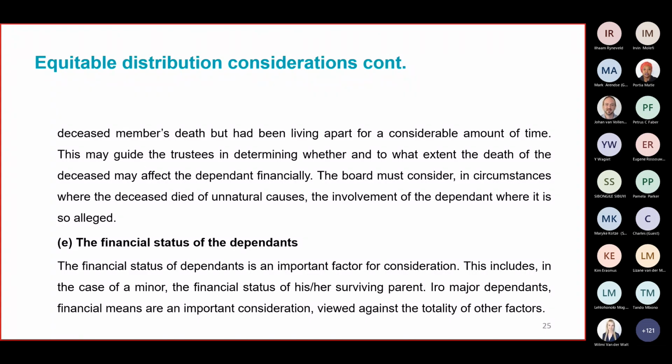Then, of course, the financial status of the dependents is also an important consideration. This includes, in the case of a minor, the financial status of his or her surviving parent.